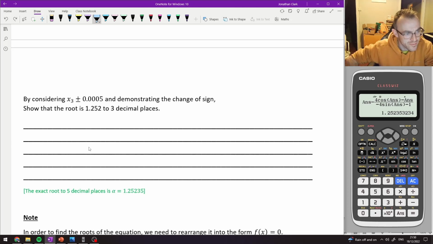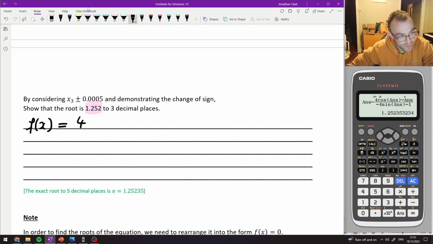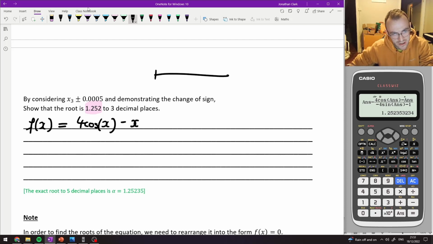So we'll look at it to 3 decimal places, and we'll go back to the original equation, which was 4 cos x, take away x. And I'm going to plug in values either side of 1.252. If you think about it on a number line, you've got 1.252 here.